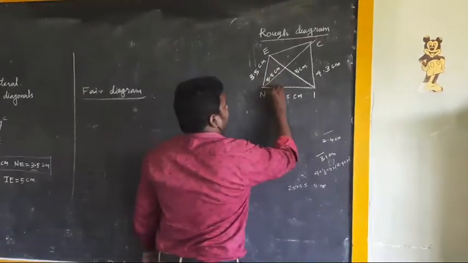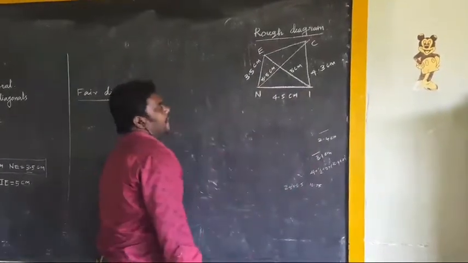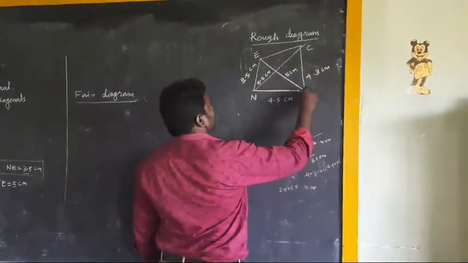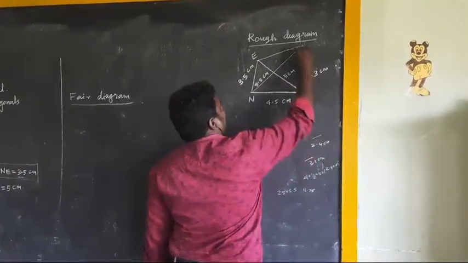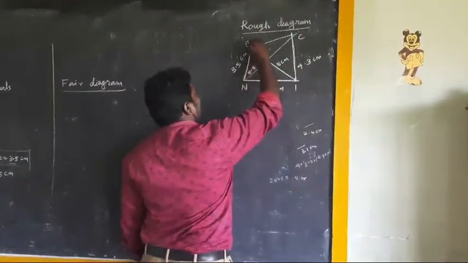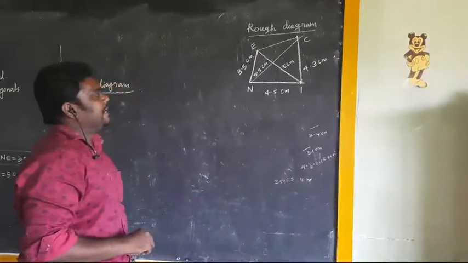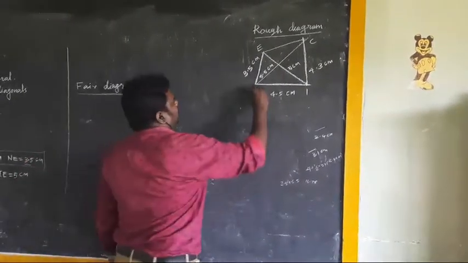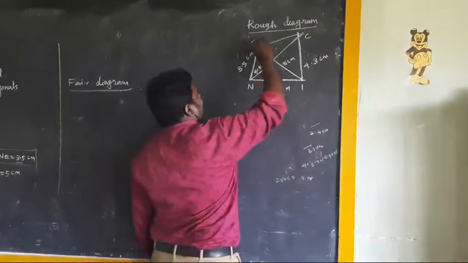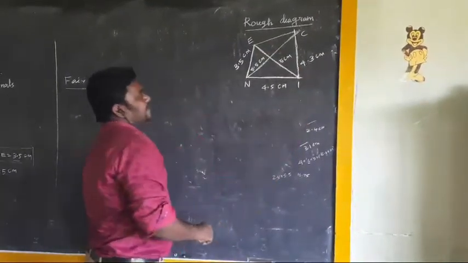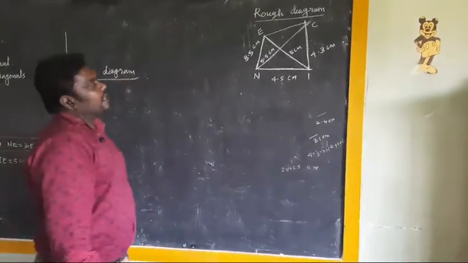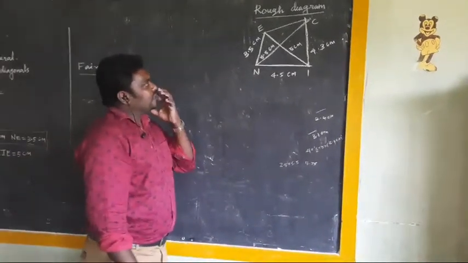NI 4.5 centimeter, IC 4.3 centimeter, NE 3.5 centimeter, NC 5.5 centimeter and IE 5 centimeter.